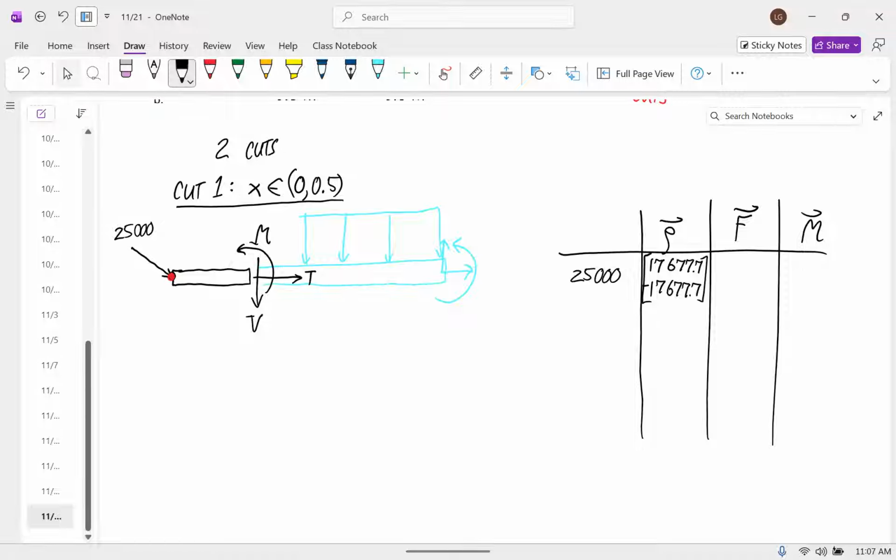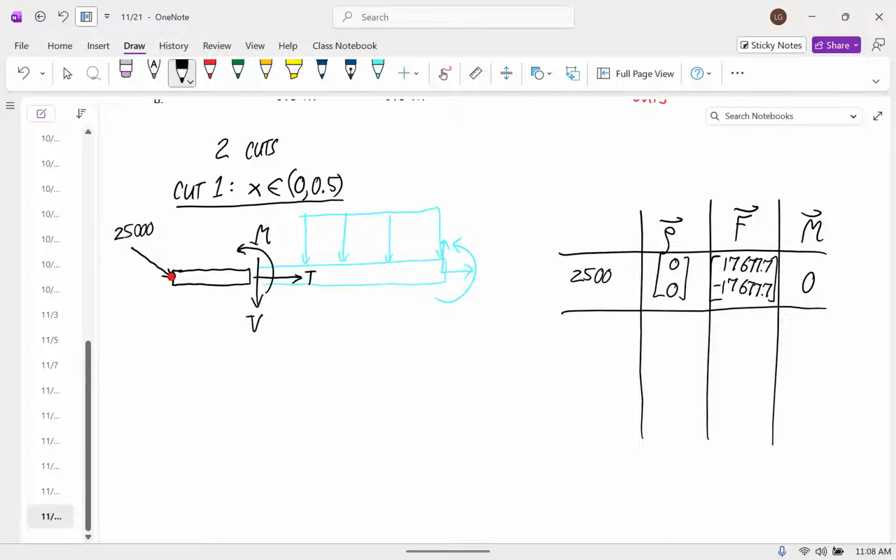That's the force. Shoot, not the row vector. The row vector is 0. Isn't that just 25,000 cosine negative 45? Yeah. Cross product is 0.